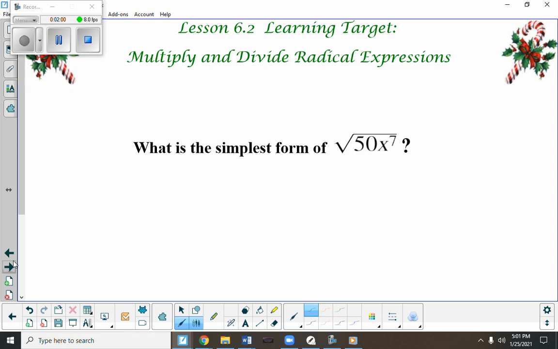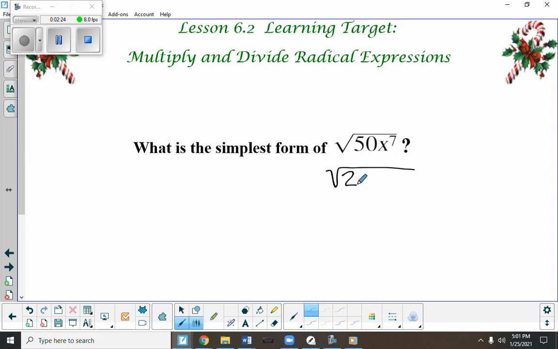Here's another question. What is the simplest form of the square root of 50 x to the 7th? Now, when we are simplifying radicals, remember you cannot have any perfect square factors in a square root. So you look at your list of powers and you'll see, well, 50 is not on there, but are there any perfect square factors that go into 50? Well, 25 does.